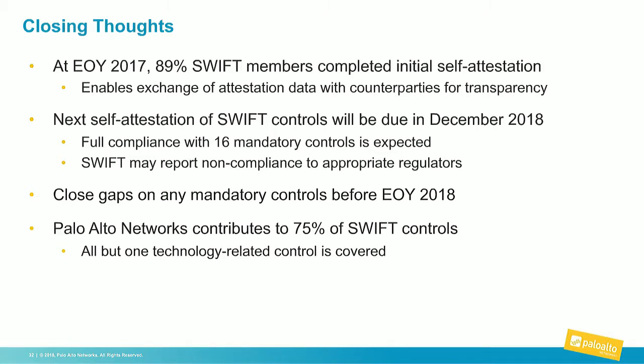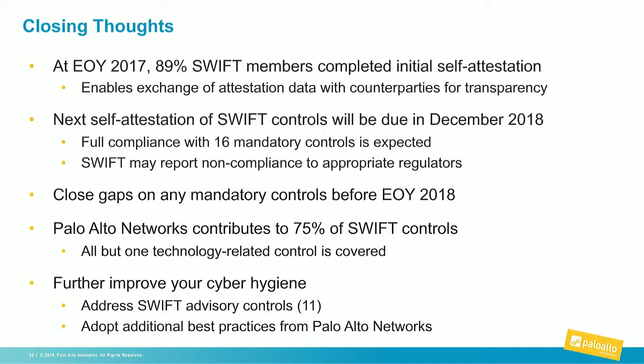And Palo Alto Networks does in fact contribute to 75% of those controls. And if you ignore the people and the process-related ones, all but one of the technology-related controls is covered by Palo Alto Networks. And then certainly, if you want to improve your cyber hygiene even further, you can look to implement the 11 advisory controls, as well as adopt the additional best practices that we shared with you just a moment ago.